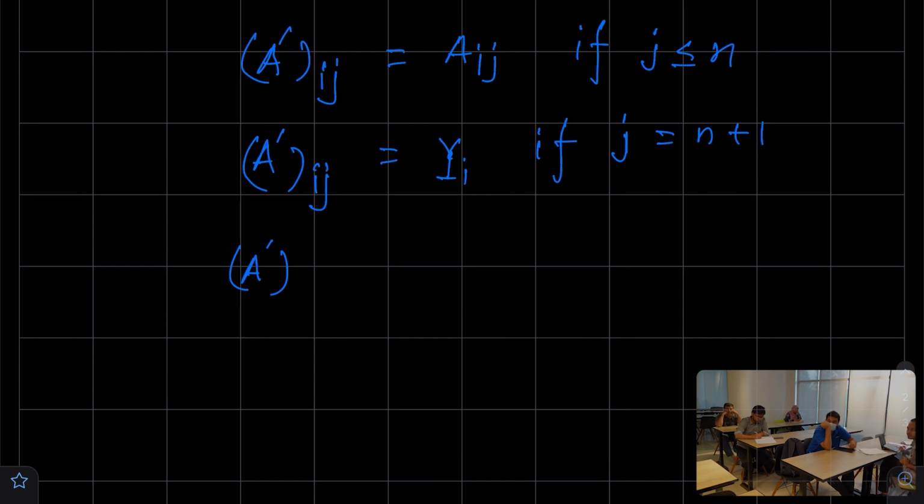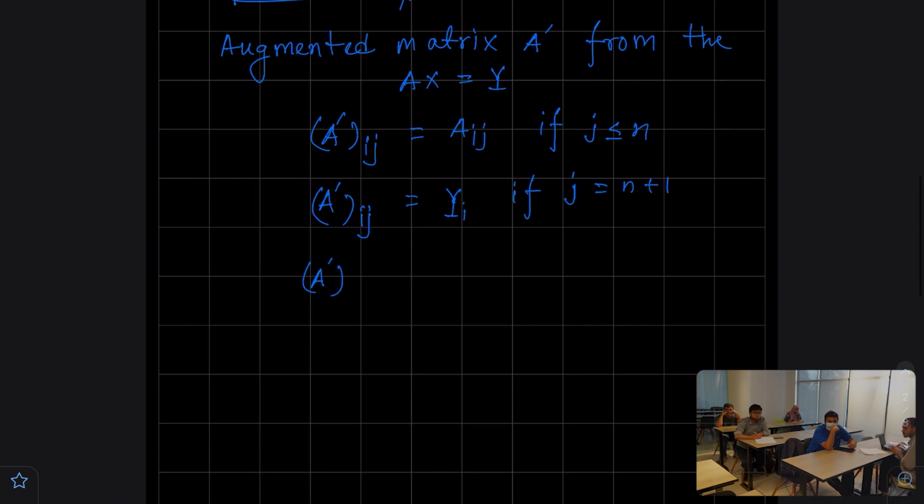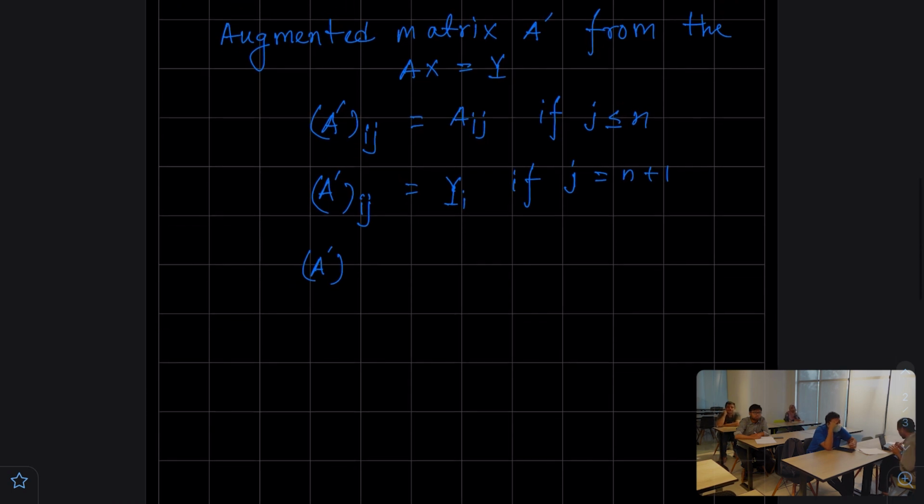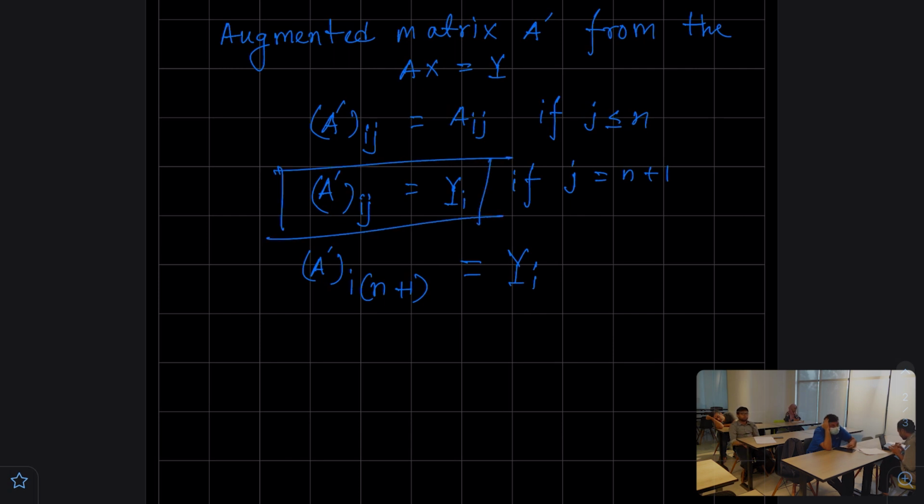So A prime i, n plus 1 equals yi, right? I just write this using n plus 1 instead of j.